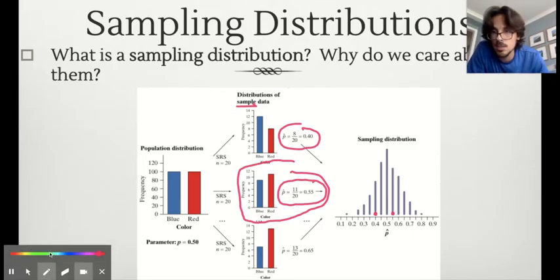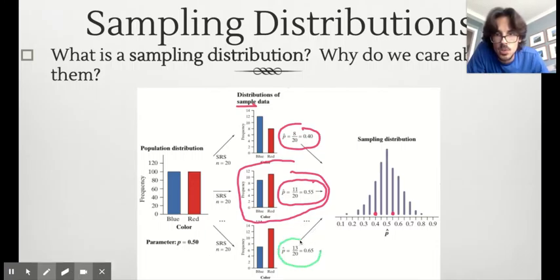Your next classmate would come along: I got 13 reds out of 20, which is 65%. They would walk up and put a dot right here at 65%. We would do this again and again, just keep picking samples. Each time, we would put a little dot at whatever we got for our sample.